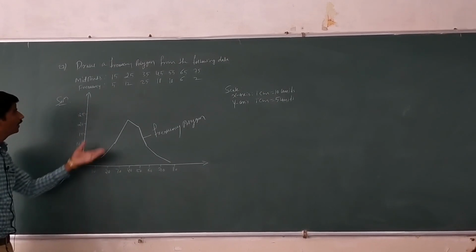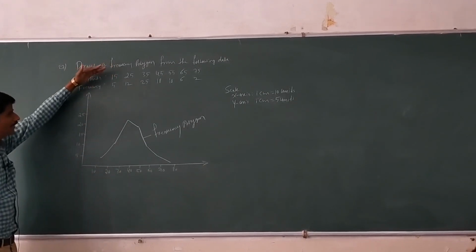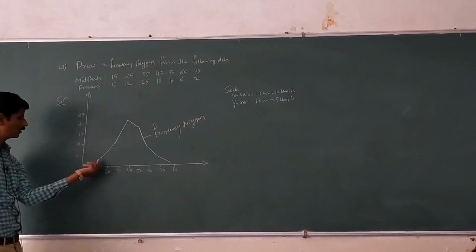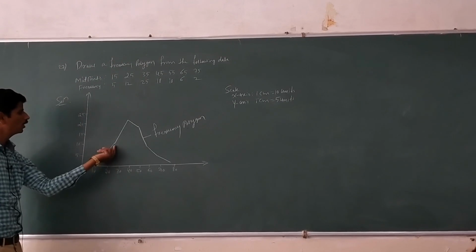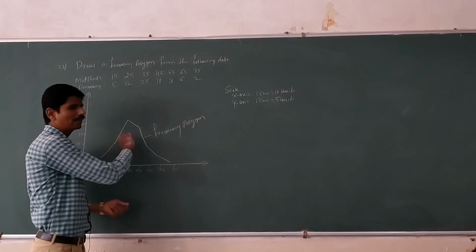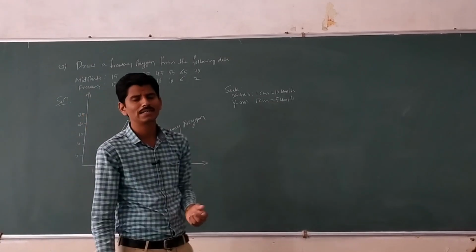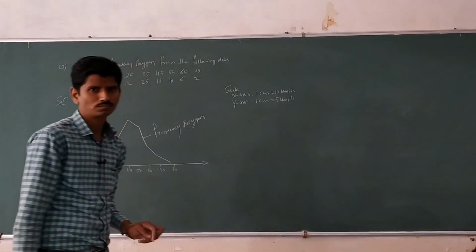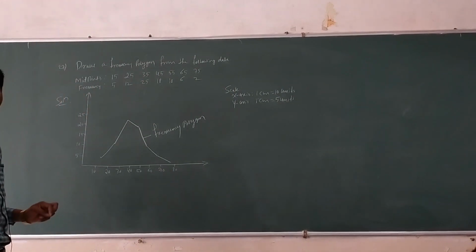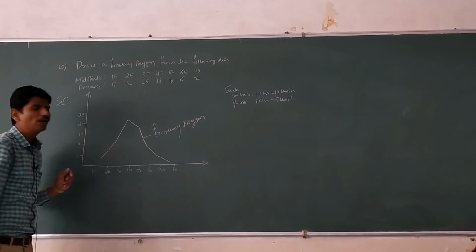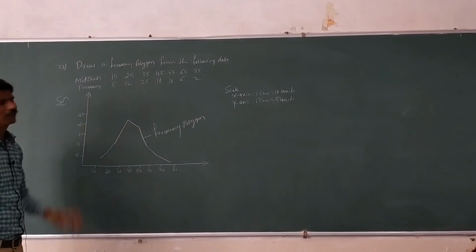Here the mid value is 15, the height is 5, and so on up to 75, where the height is 2. And draw a straight line. On joining these points by a straight line, we obtain the frequency polygon. It is about the frequency polygon.